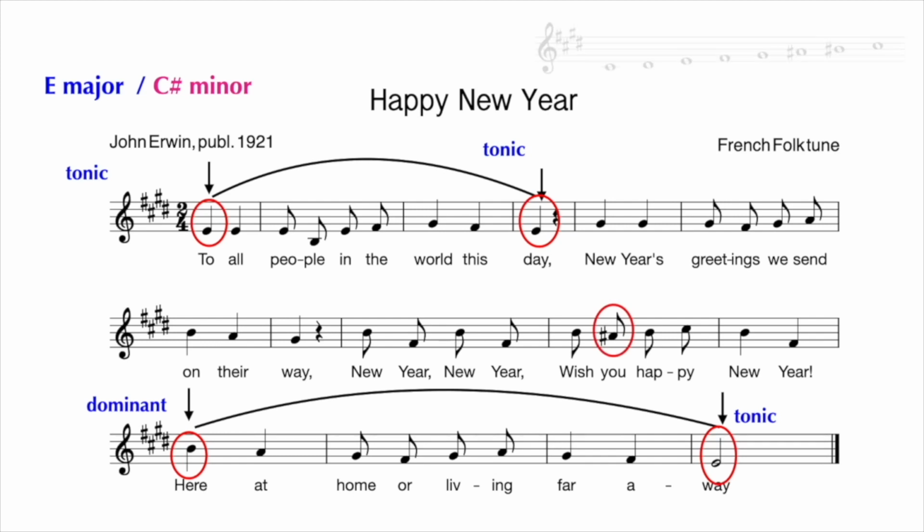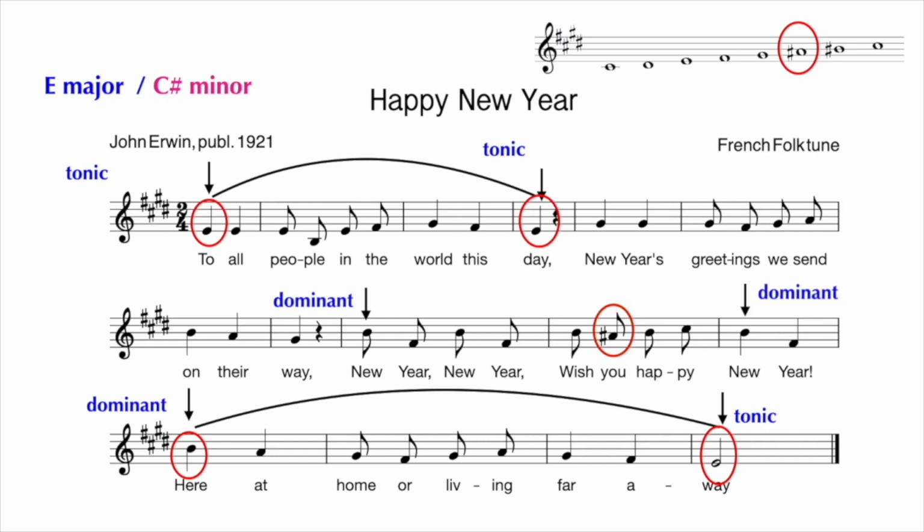Perhaps it's the submedian in C sharp ascending melodic minor. But if we look at the second phrase, it starts with B, and the strong beat of the end of the phrase is also B, which is the dominant of E major. The A is raised just for adding color to the phrase, but it may not have the function to the key. So I will stick to E major here.